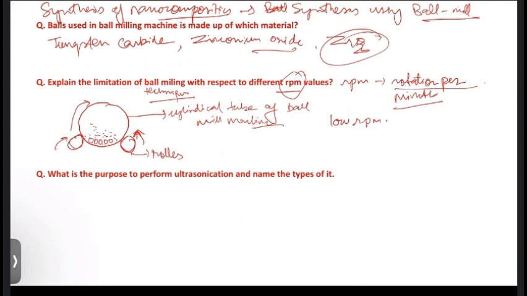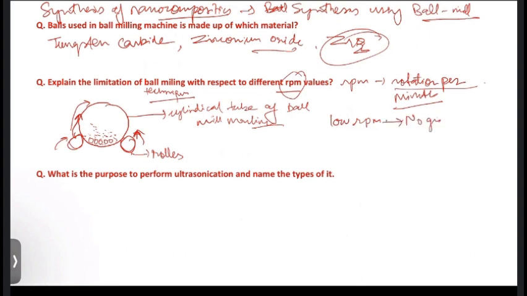And if the speed is low, will we have the grinding action? The speed is low, the balls will move in this direction, and then come back to their place. There is no grinding, only rolling of the balls took place. No grinding of the sample was there. It just swirled and then came back to its position.